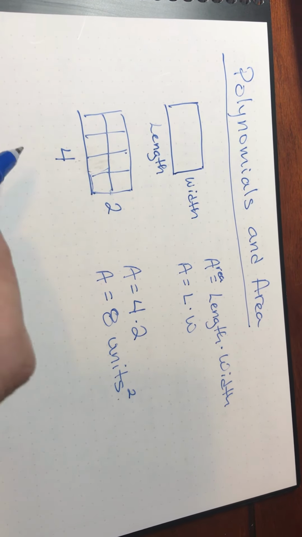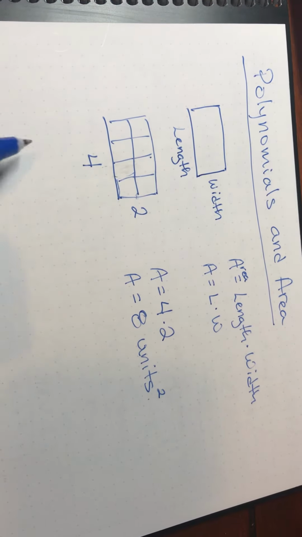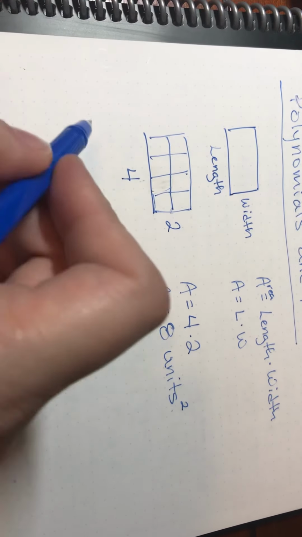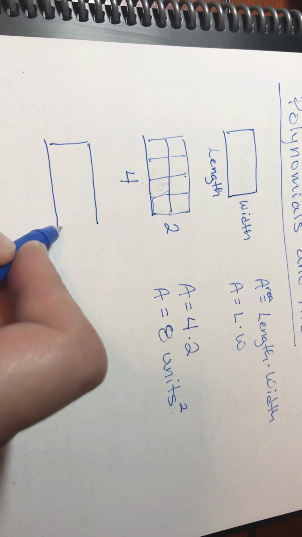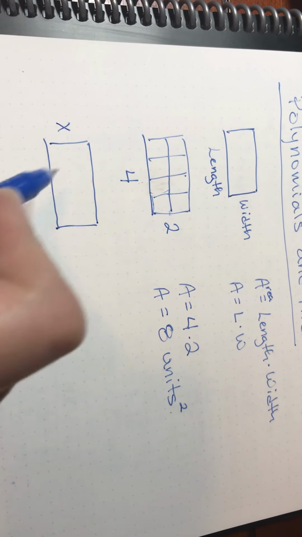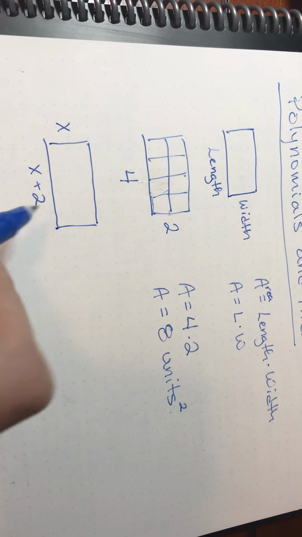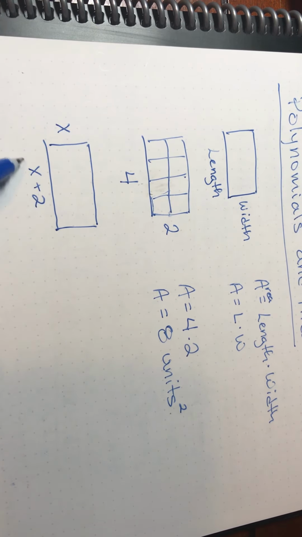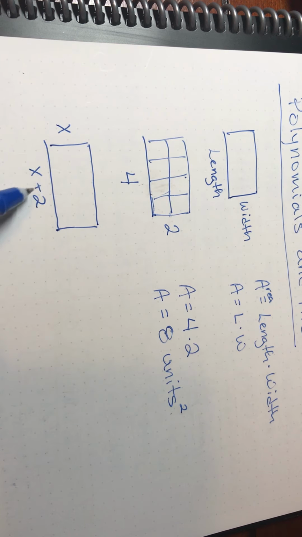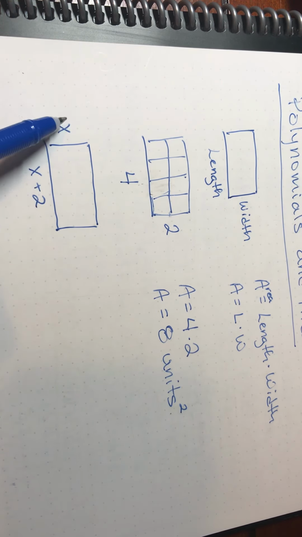Okay, so sometimes we don't have it quite so neat and tidy. Sometimes it might look like this: x and x plus 2. We don't know how long this side is or how long this side is, but we know that this side is always going to be 2 units longer than this side.